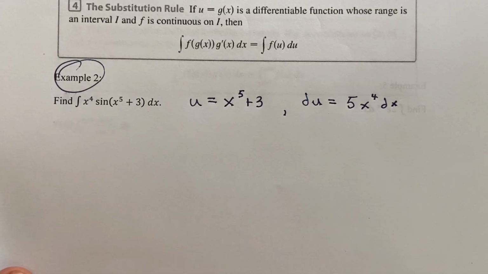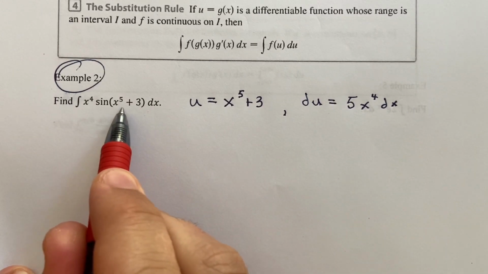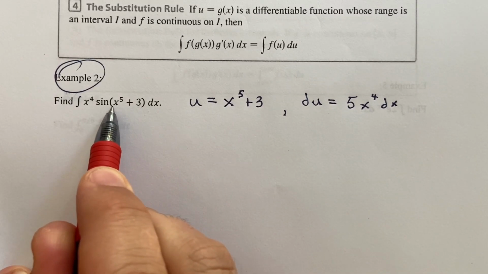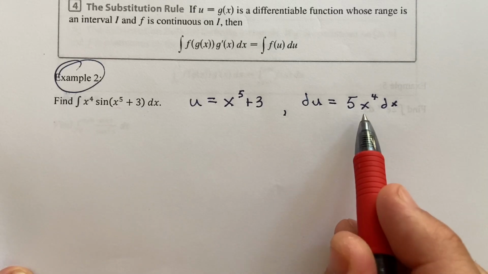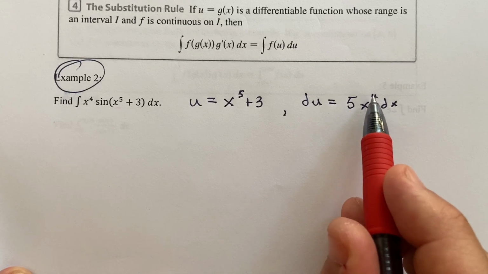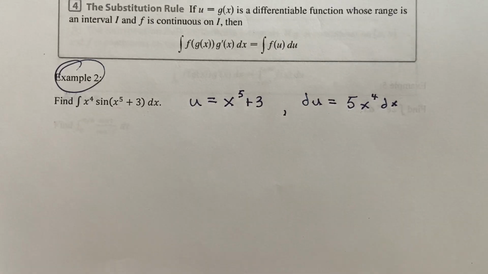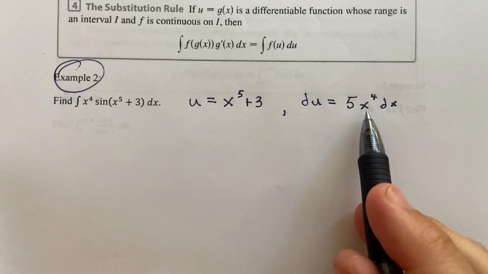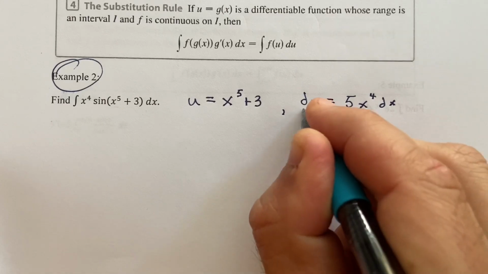So I'll be able to call this now u instead of x to the fifth plus 3. I'll substitute that out. In the derivative of my substitution, I get a 5x to the fourth. Here, I only have an x to the fourth. So what I want to do is solve for x to the fourth dx. So maybe I'll divide by 5 here.